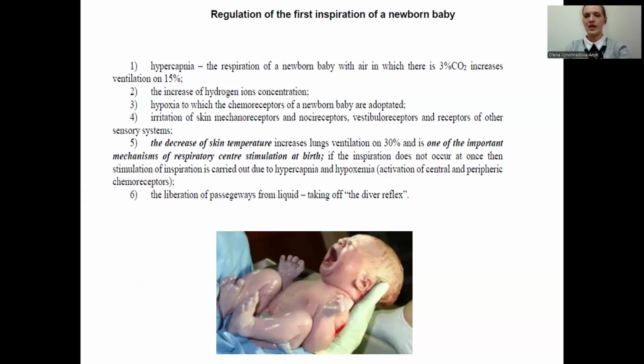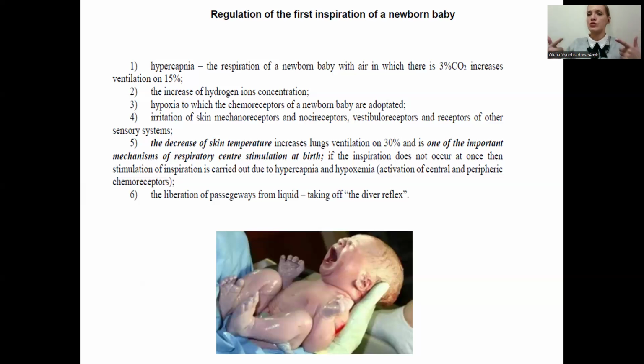Next one, and no less important than the previous factors, we are talking about irritation of skin mechanoreceptors, nociceptors, vestibular receptors and other sensory systems. After labor, the baby comes to an absolutely different world, with touch, with pain, with temperature, with light, with decreasing temperature.